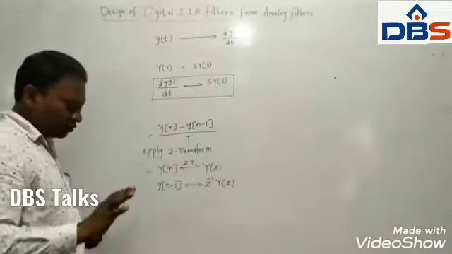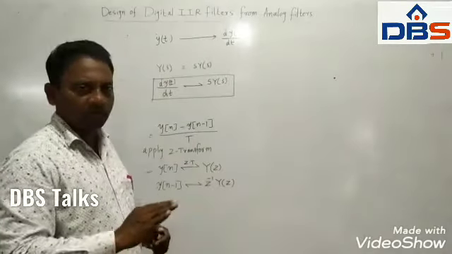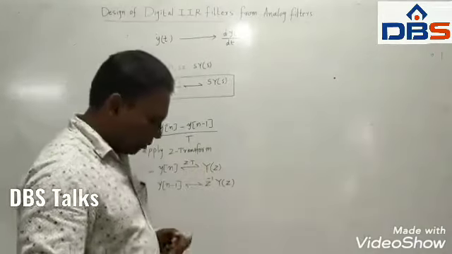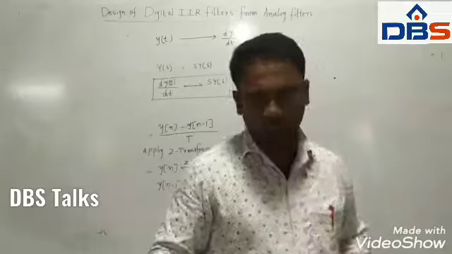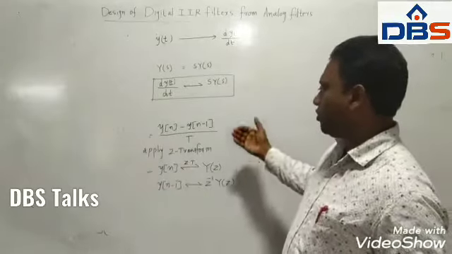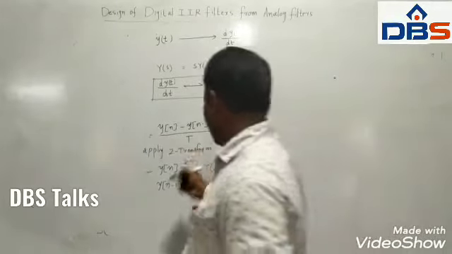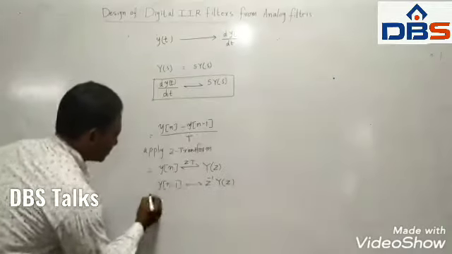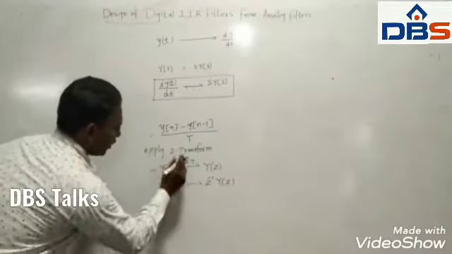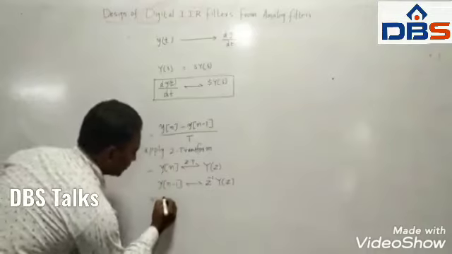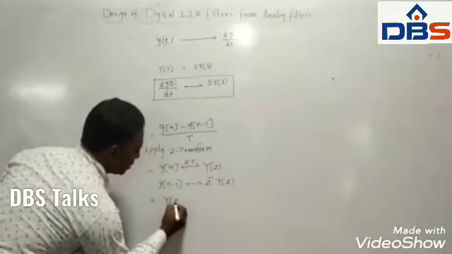Now what we are trying to do is convert a time domain transfer function to a frequency domain transfer function. For y(n), the Z transform is Y(z).